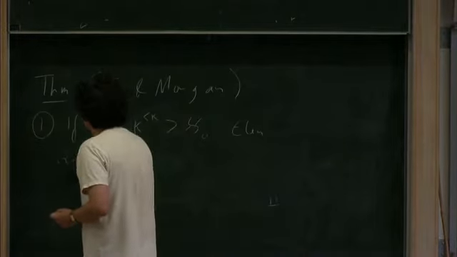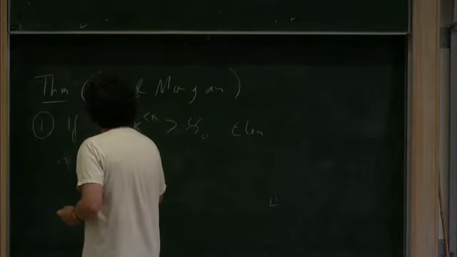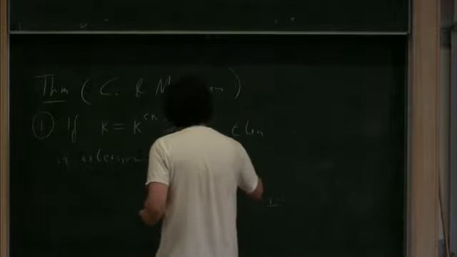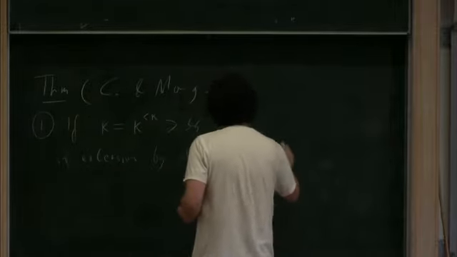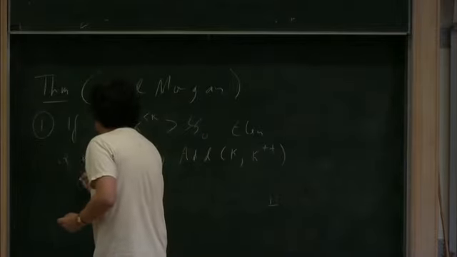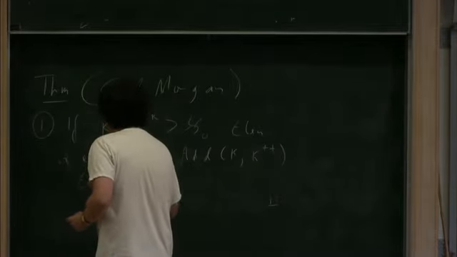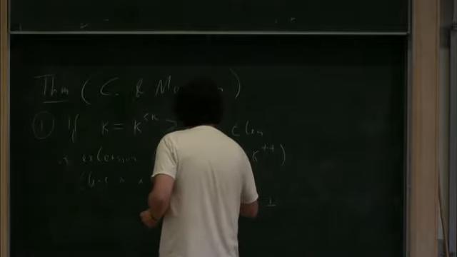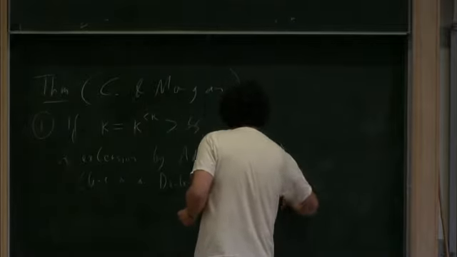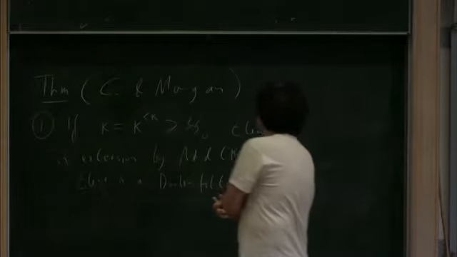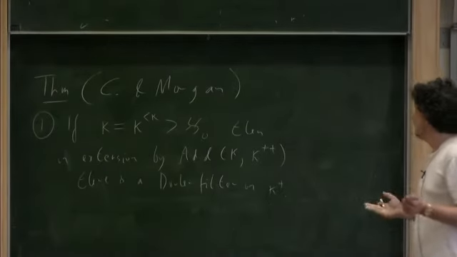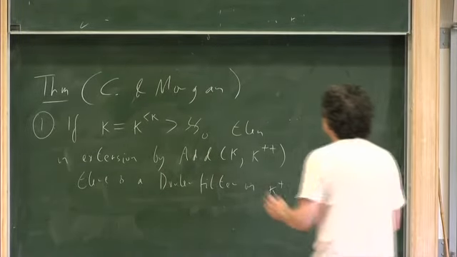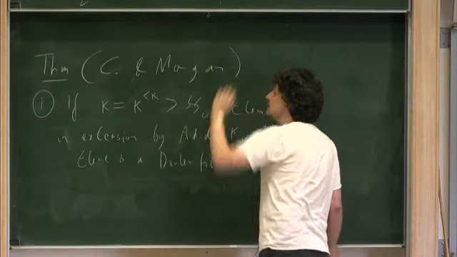Then, in the extension where I add kappa double plus, there is a Dowker filter on kappa plus. And again, it genuinely does live on kappa plus. It's not made from any smaller filter by trivially blowing it up.